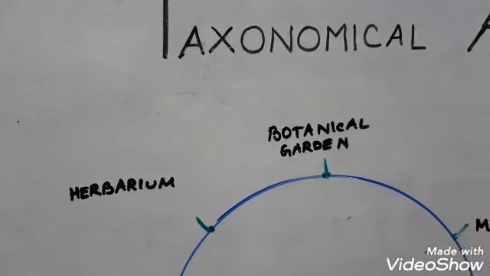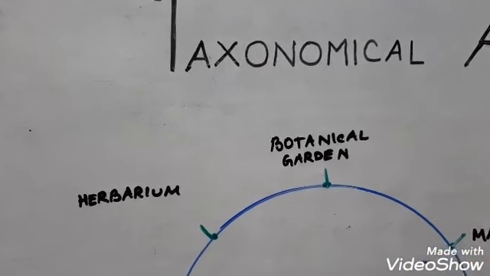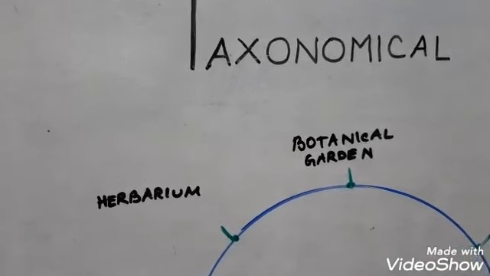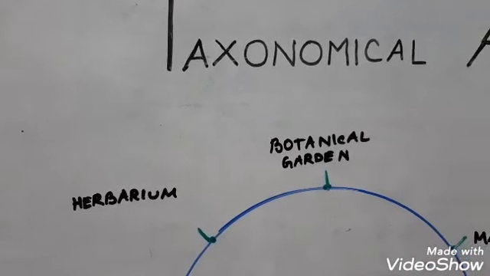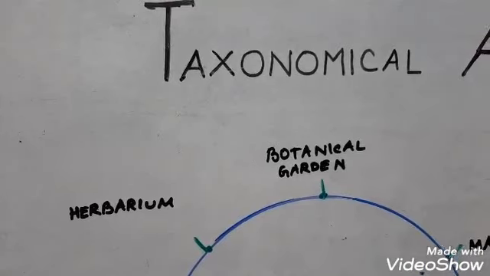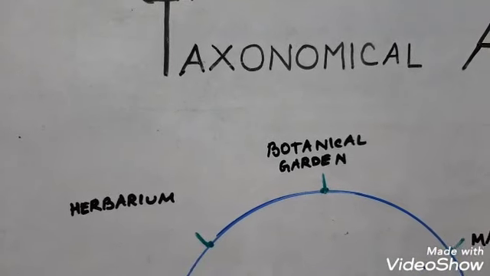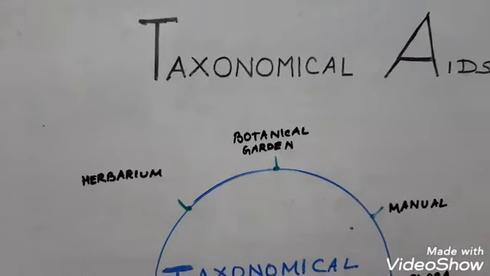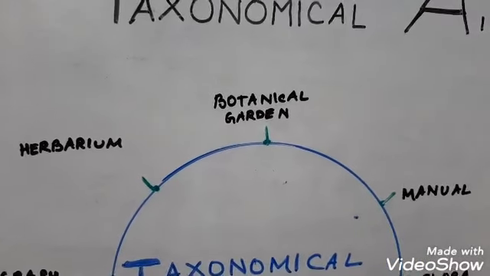Next comes the other botanical gardens. Royal Botanical Garden in Kew, London is a very important botanical garden. Then New York Botanical Garden in New York City, Cambridge University Botanical Garden in Cambridge. There are so many botanical gardens located all over the world.